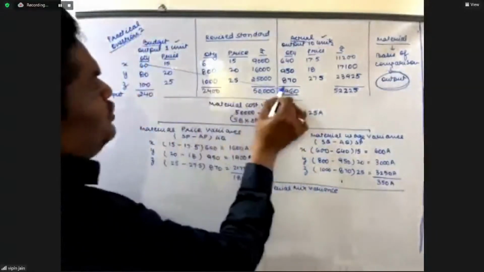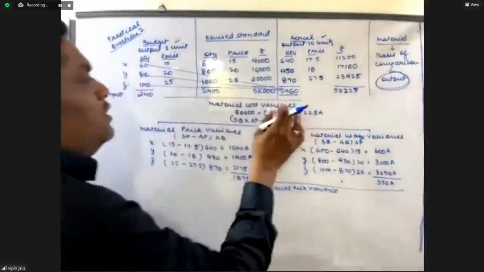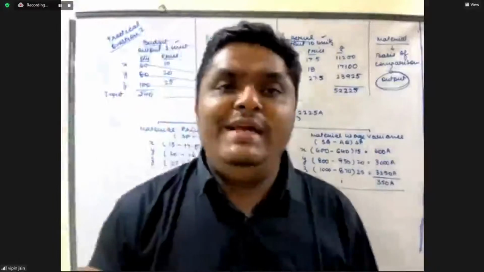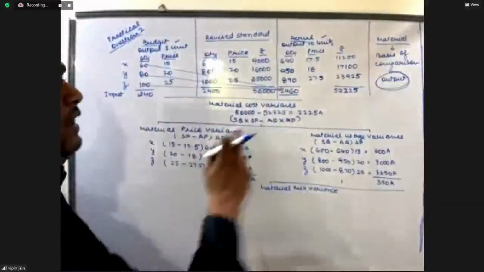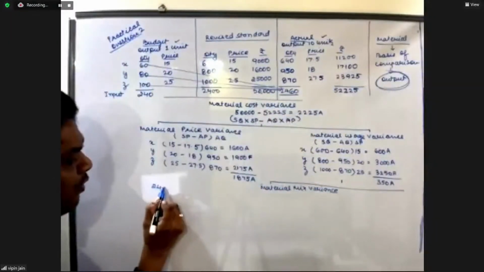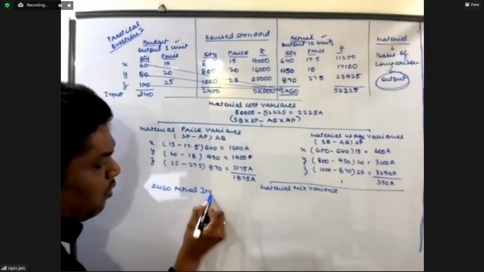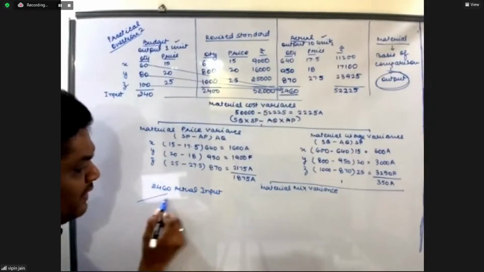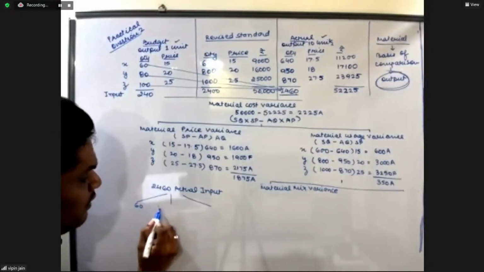This should be in the ratio of 60 is to 80 is to 100. So to calculate standard mix, the ratio should be 60, 80, 100. Again, 2460. This is what? My actual input.